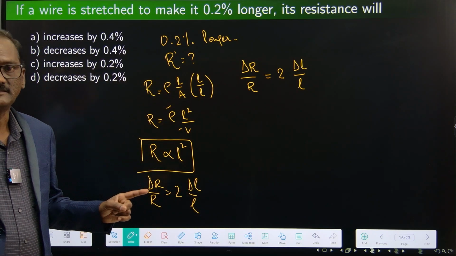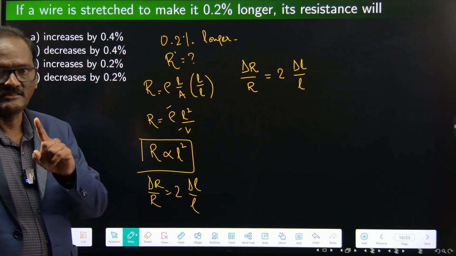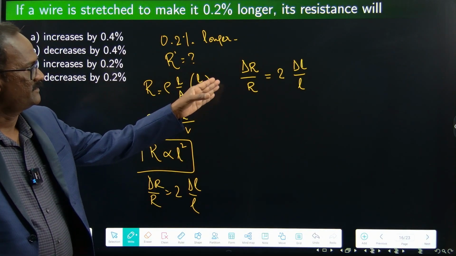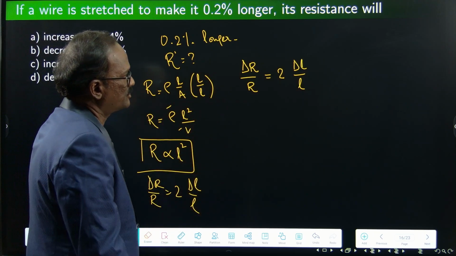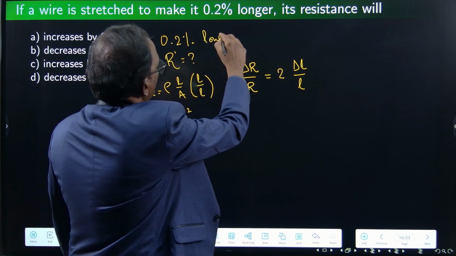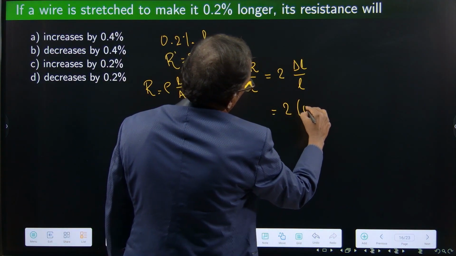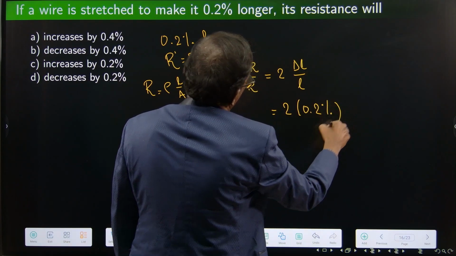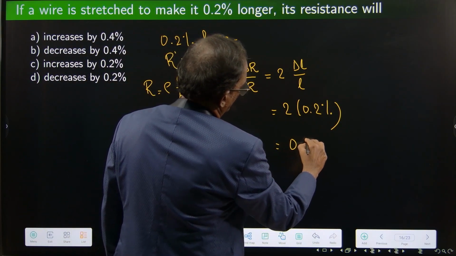Delta R by R is equal to 2 into delta L by L. In class 11, in the units and measurements chapter, we have seen many such problems. This is 0.2%, so 2 into 0.2%. So the answer is 0.4%.